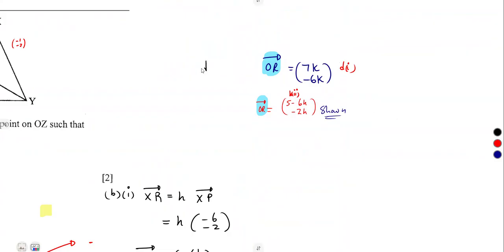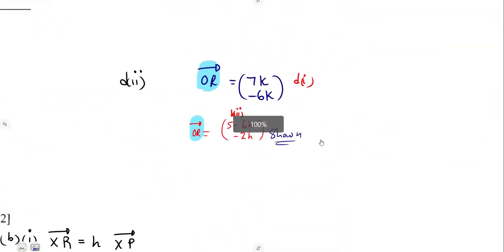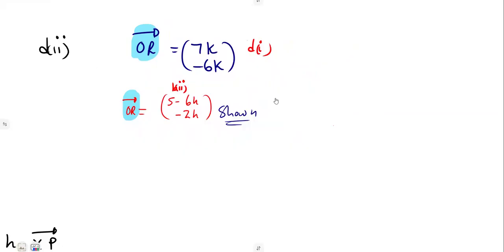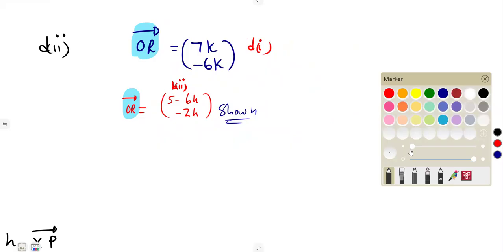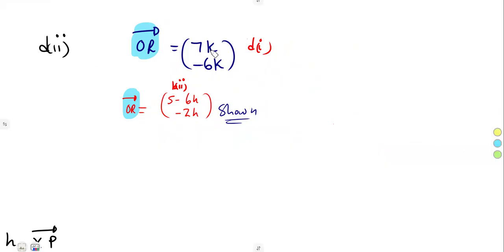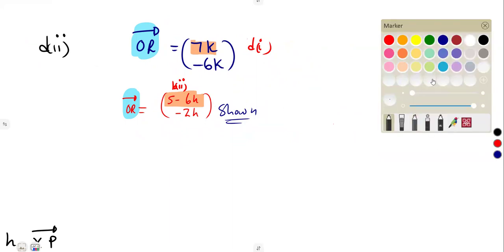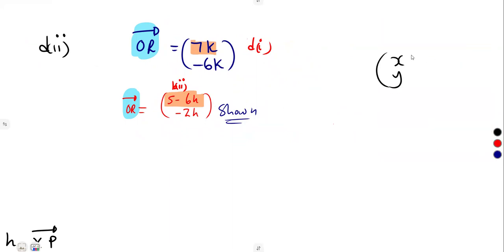Let us determine the values that we are being asked of what? h and k. So this is what you are given from the two results. These two are representing the same vector OR. As a column vector, if I am given this, it simply means the corresponding elements are equal. This part, remember, a column vector, it represents x, y.